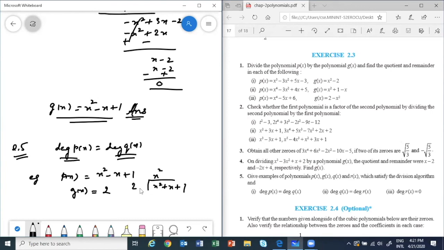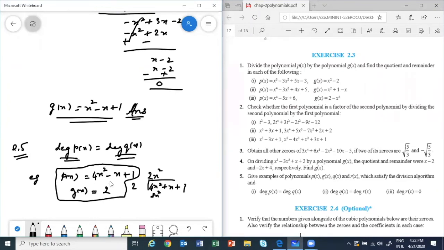This is clear. So then I will have 2x square here, no? Let me take, say, this is 4x square. Then I will have to take 2x square. Then this is 4. So we have to construct an example here. So I got this first one, you can take this example.